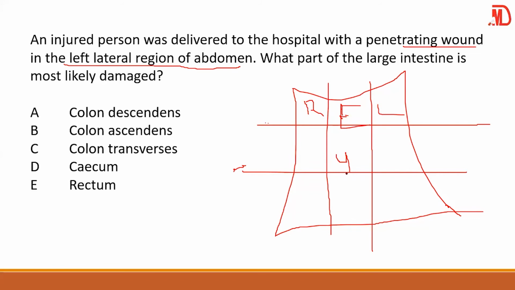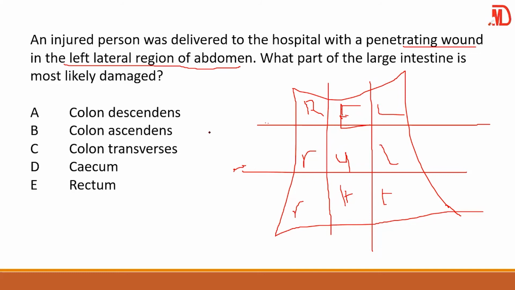Then we have the right lumbar area, the left lumbar area. This one here would be the hypogastric. Then we have the right iliac area and the left iliac area. So as a human being, this is how your abdomen is divided.